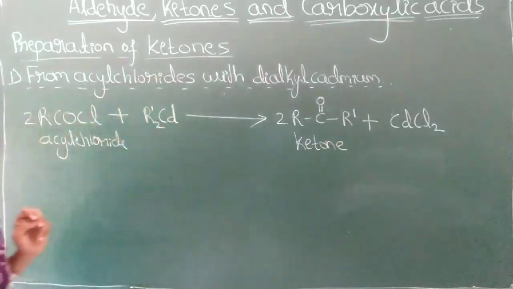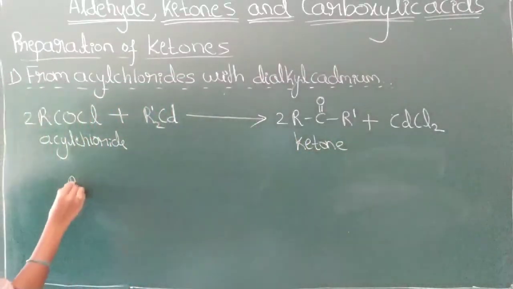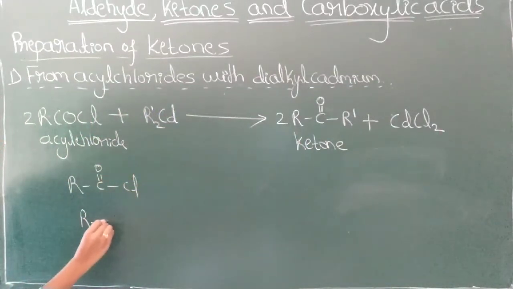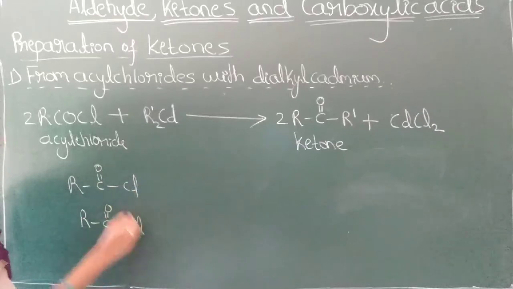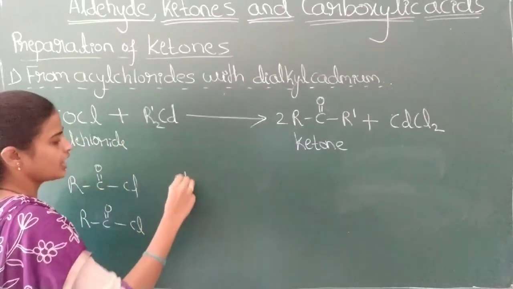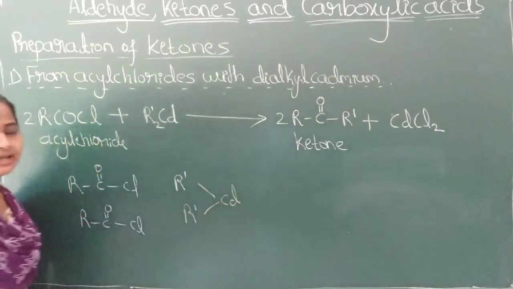Just for your knowledge, I am explaining how this product is formed. See, RC double bond OCl and one more unit of RC double bond OCl. 2 units of such acyl chloride we have taken, and R dash 2 Cd, the dialkyl cadmium.